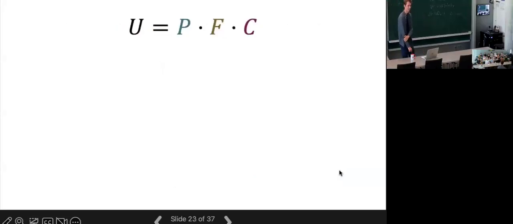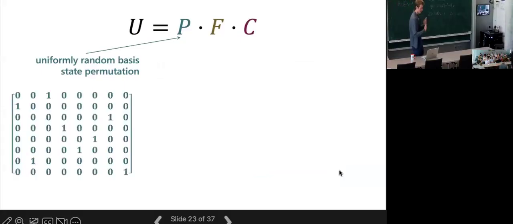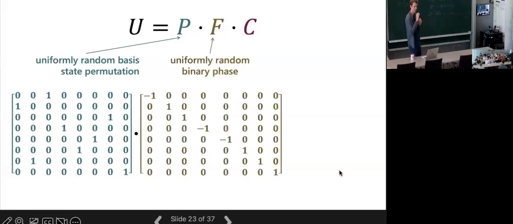Here's how you do it. You multiply three things together. This is what's called the PFC ensemble. We take a uniformly random basis state permutation, that's the P. And just to be clear, by basis state permutation, I mean a permutation of the basis states, not a permutation of the qubits in that string. So if you write it out on 3 qubits, it's some sort of permutation matrix. You multiply this with a uniformly random binary phase, so some diagonal matrix with uniform signs.